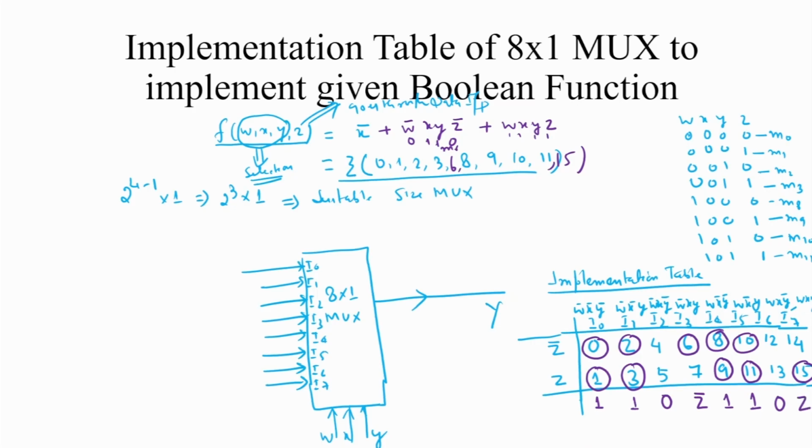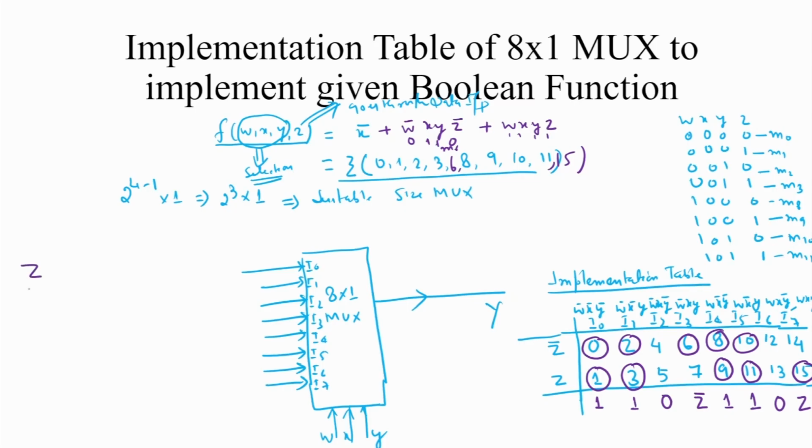Here we add 2 extra minterms, m6 and m15, and only in this particular column the lower minterm is circled, and in this particular column upper is circled. This means for some inputs we provide a value 1, for some inputs a value 0, for some inputs z complement, and for some inputs z.